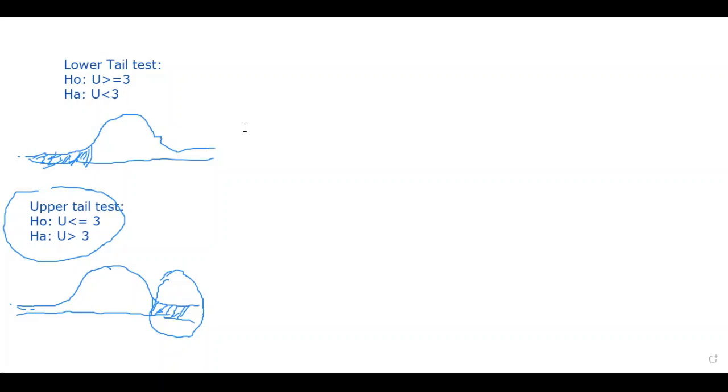Now let's move on to the third one. That one is the two-tail test. With this one too, your H naught, the mu, will be equal to a certain number, and as we know, the HA always challenges what? The status quo.